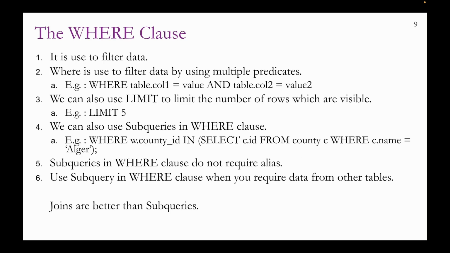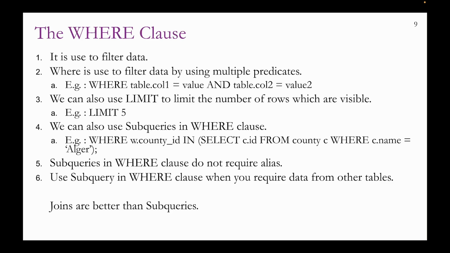Next is the where clause. First comes select, then from, then where. In where we specify the conditions. Like in the previous example, we were talking about how to take a chunk out of the full table. That is done using the where clause. In the where clause, we use multiple predicates using and, or, etc. that help us find particular data from a table.